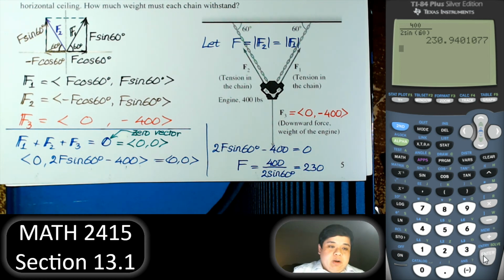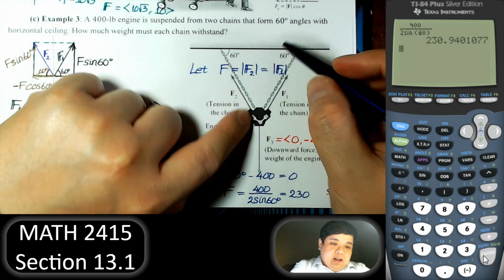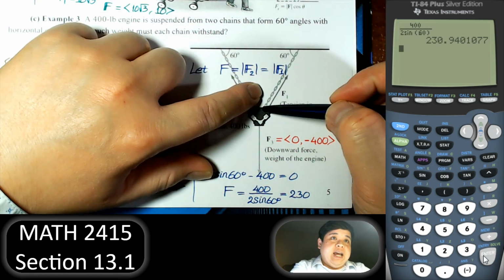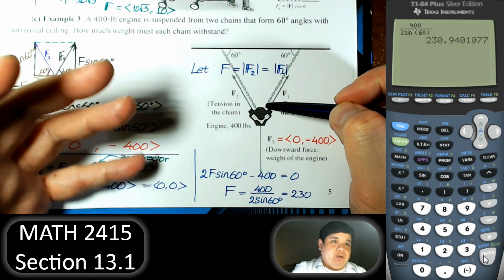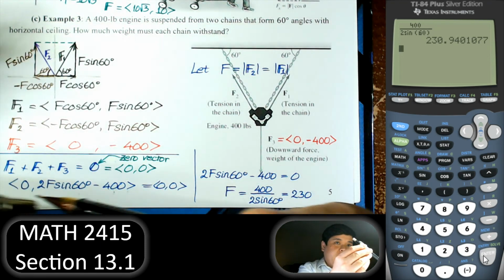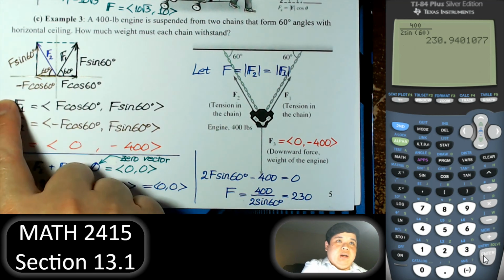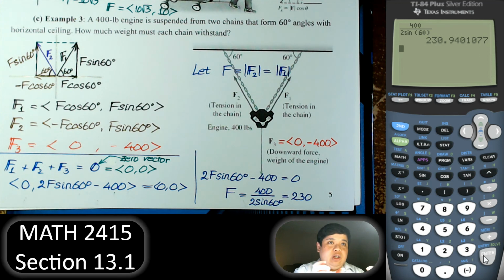Right. So of course, if we put both of the chains straight up, then each of them will take 200 pounds. But because they are suspended at an angle like that, they contribute some horizontal component, and the horizontal components cancel out. So there's some waste in the horizontal component.